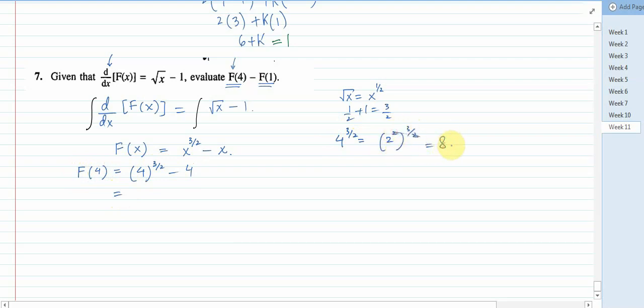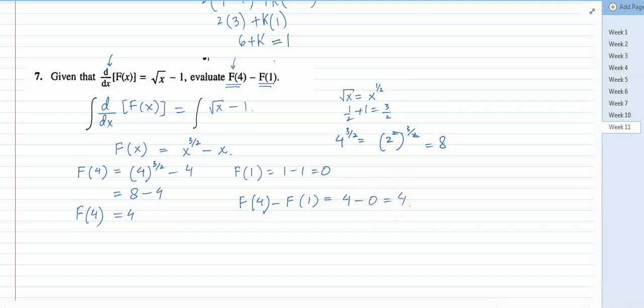So 4 to the power 3 upon 2 is 8 minus 4, that is left over with 4. So you got your first answer, that is f of 4. After that we need to find f of 1. In this same equation, it will be 1 minus 1, which leads to 0. So finally f of 4 minus f of 1, that is given in the question. f of 4 is 4 and f of 1 is 0. So the final answer we have is 4.